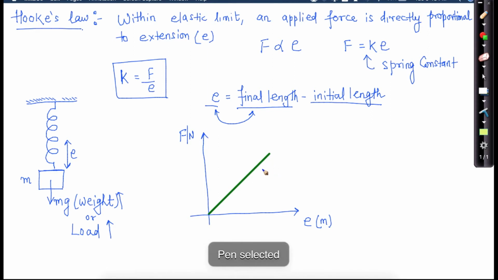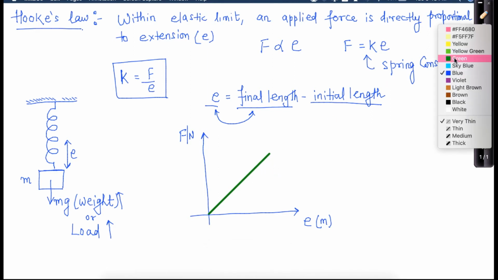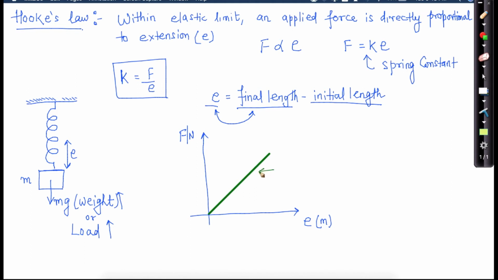In this graph, the gradient will be del F divided by del E. So that is F divided by E, and F divided by E is the spring constant. It means the gradient of the graph will give you the value of the spring constant.